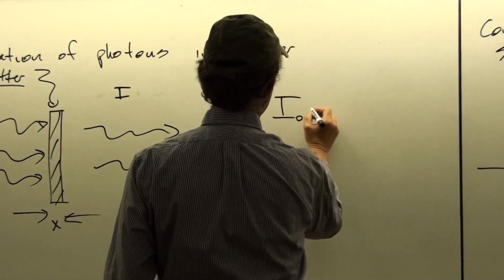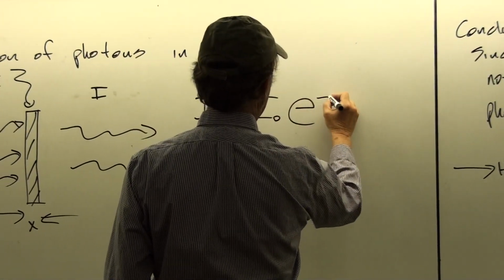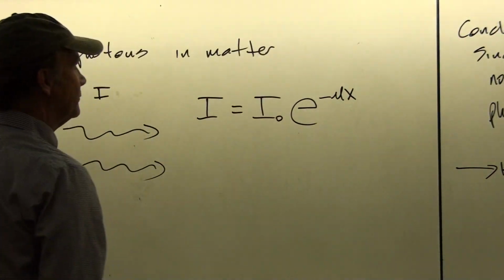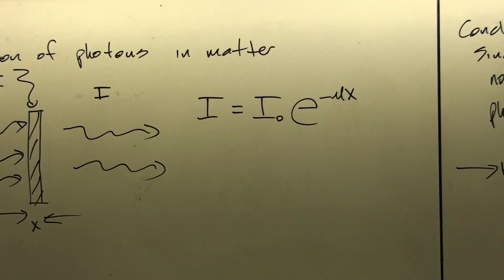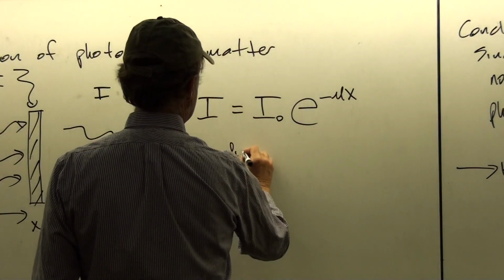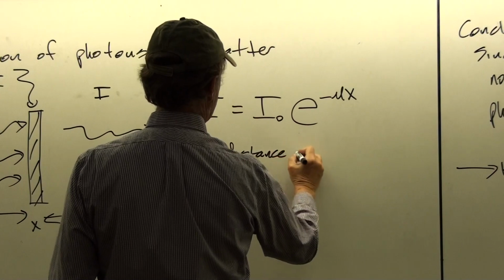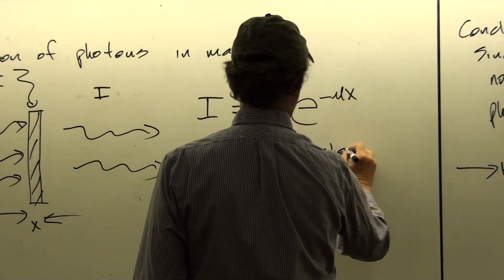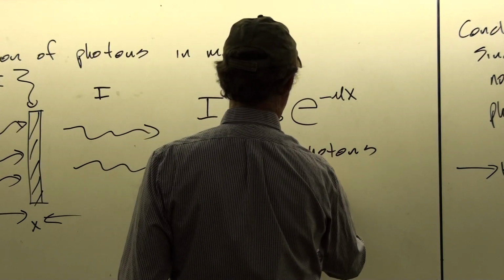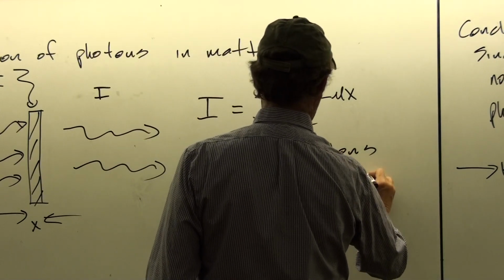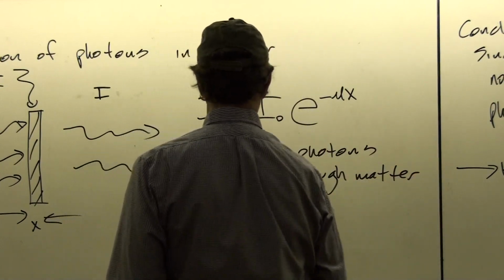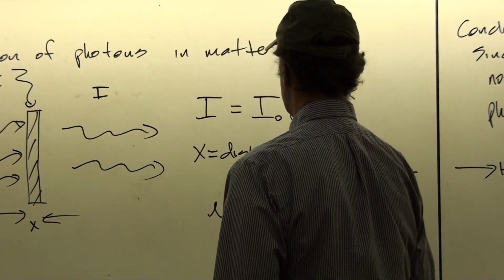And so I would be I naught times e to the minus mu x, where x is the distance that the photons move through the matter. And mu is what we would call our attenuation coefficient.